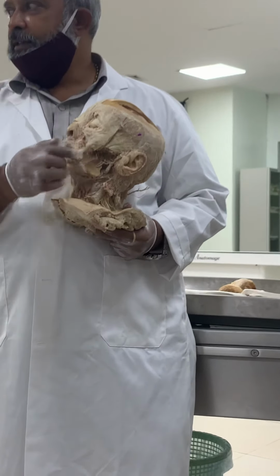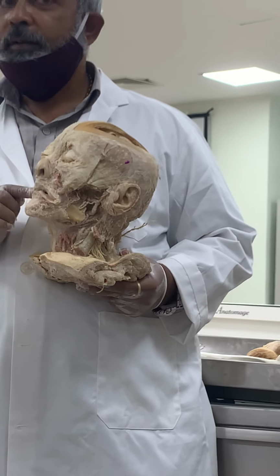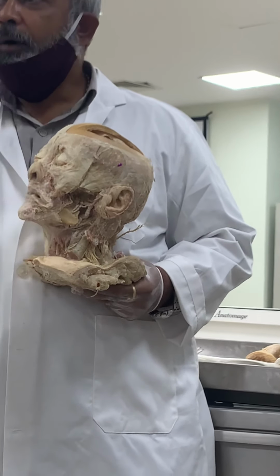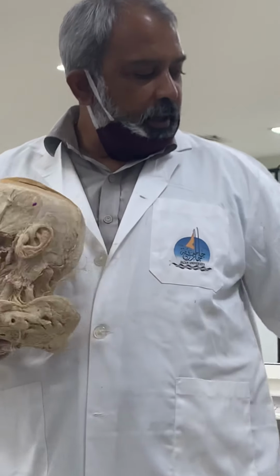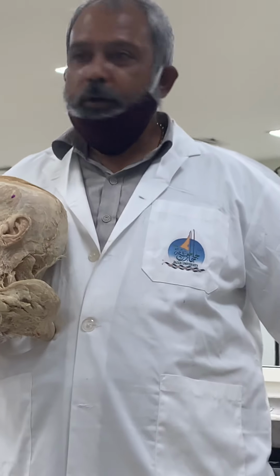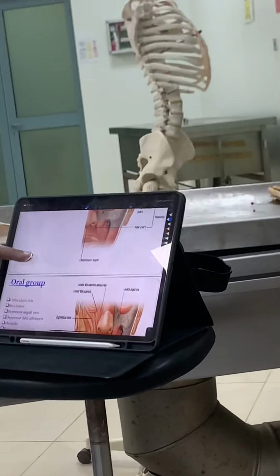Oculi means eye. And there is one more muscle, orbicularis oris. Oris means lip, the muscle around the mouth. And there is one more muscle, buccinator. You should know all the names of the muscles. Okay.